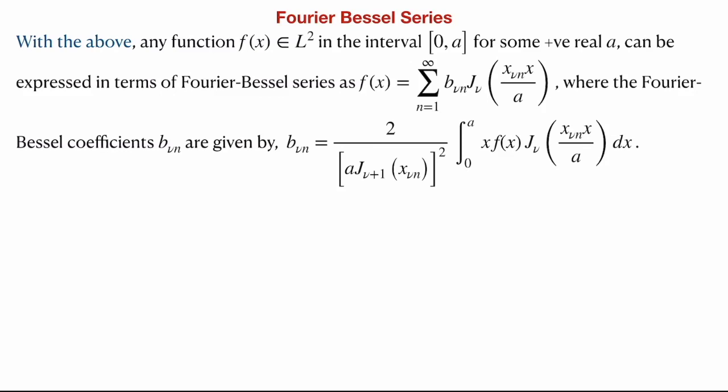Then we can express it in terms of the Fourier Bessel series as f of x as n going from 1 to infinity, b nu n, that is a coefficient, times j nu of x nu n x by a, such that the roots are mapped, and the Fourier Bessel coefficient b nu n is given as b nu n equal to 2 by a squared j nu plus 1 of x nu n, whole squared, into integral 0 to a of x, the weight factor, f of x, the function, and the basis function, that is j nu of x nu n x by a, dx.